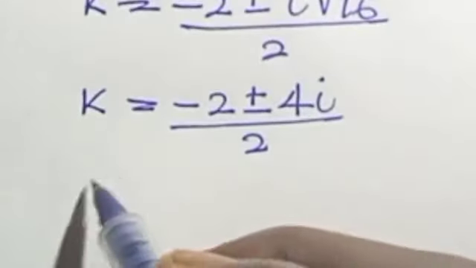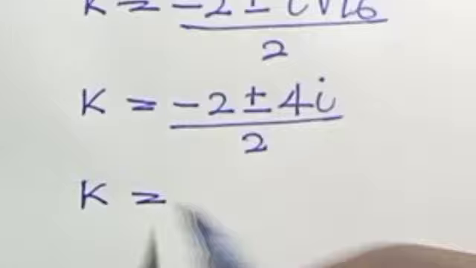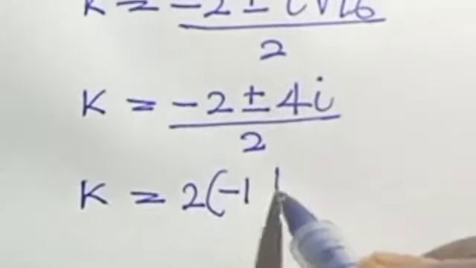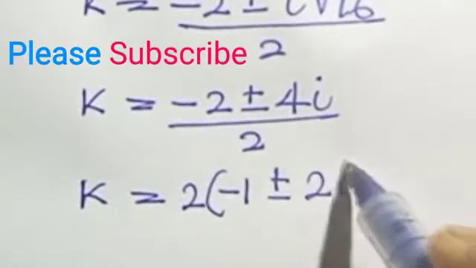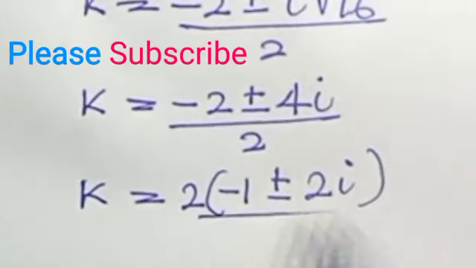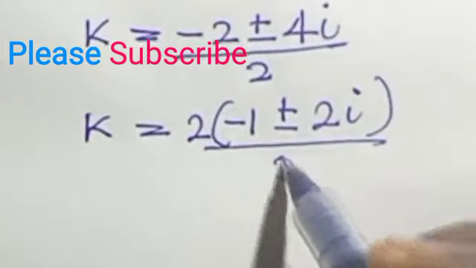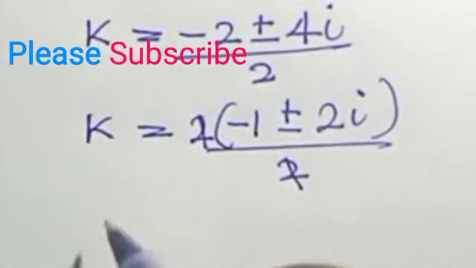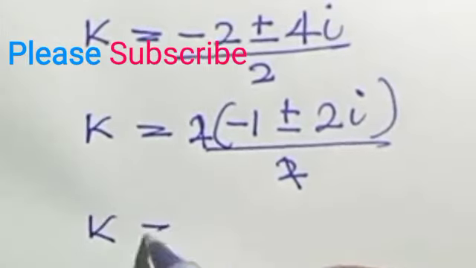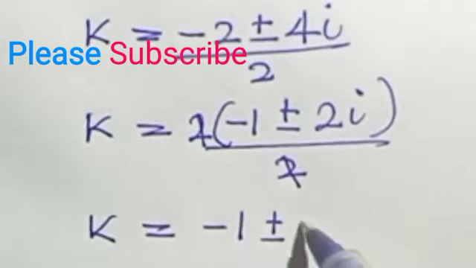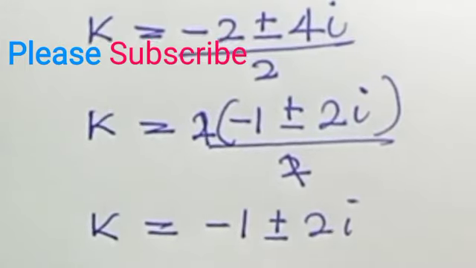And the next line will be k equal to, if we factor out 2, we have 2 here, minus 1 plus or minus 2i, all over 2. And you can see that 2 can cancel out 2 and give us 1. k will therefore be equal to minus 1 plus or minus 2i.